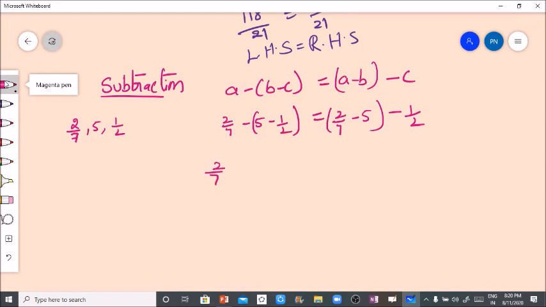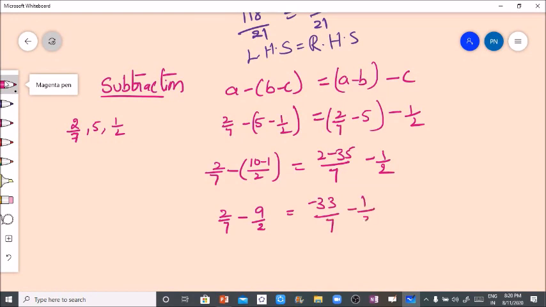Okay, 2 by 7 minus 5, here LCM is 2... wait, 2 by 7 minus 5: LCM is 7. 2 minus 35, minus 1 by 2. Right. Okay, 2 minus 35 is minus 33 by 7 minus 1 by 2. Here 7 and 2, what is the LCM? 14.